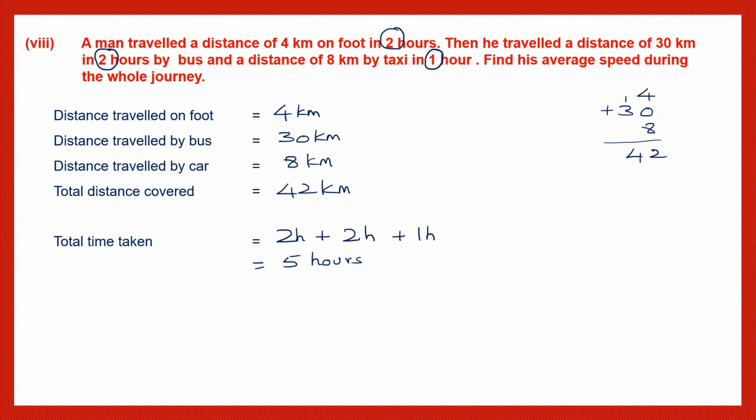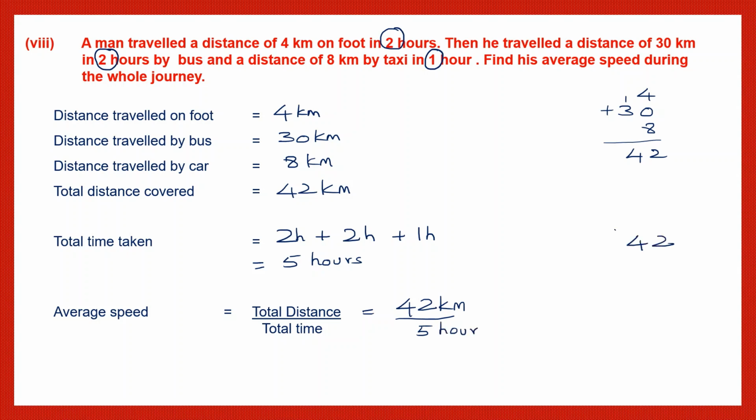So we have the total distance he covered and we have the total time taken. Now we have to find the average speed. Speed is total distance by time. So what is the distance? We have 42 kilometers and the time is 5 hours. So we have to divide 42 by 5.